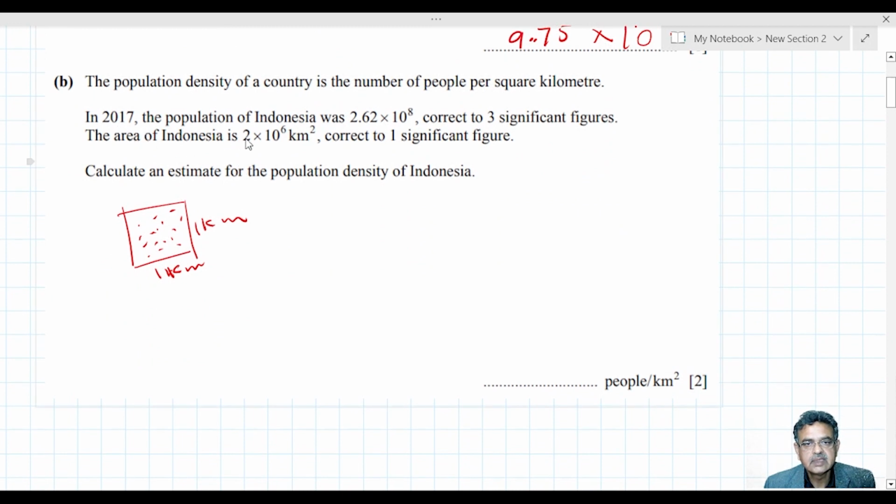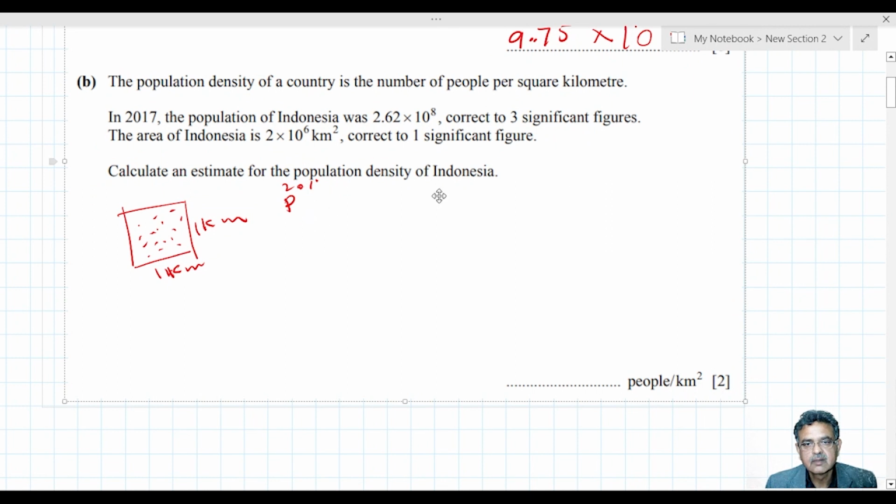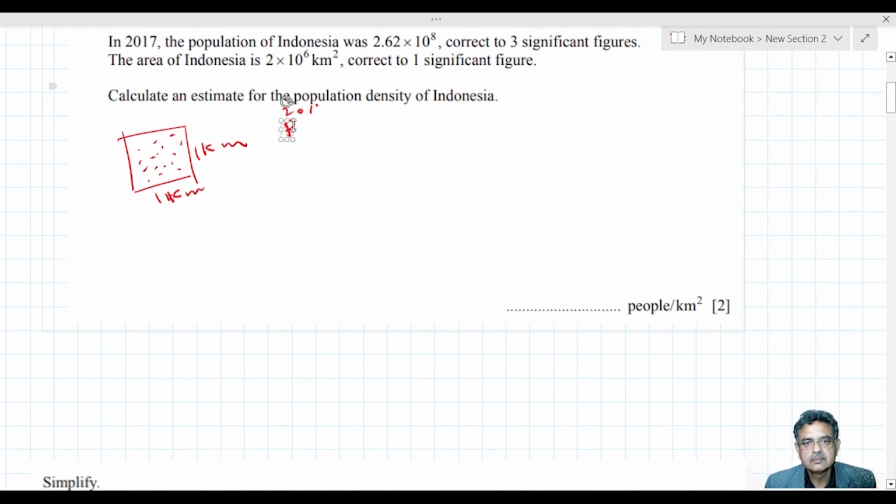In 2017, the population of Indonesia was this much. Population in 2017, let me write it this way.